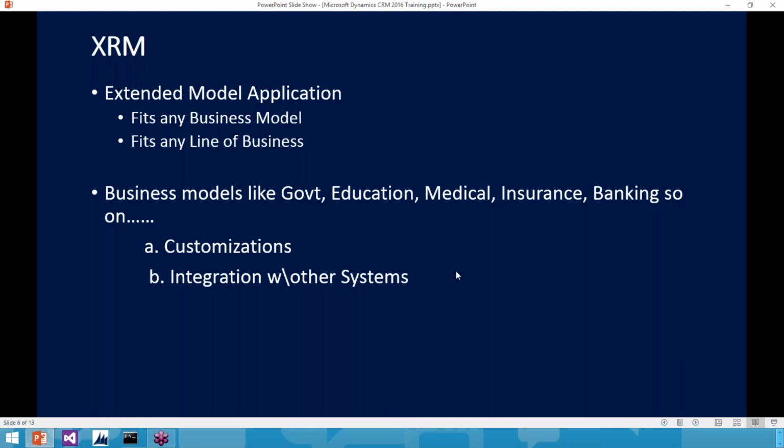They can display their old data in the new CRM system. Again, that can be done with integration. This is where CRM developers come into play: customizations and integration with other systems.